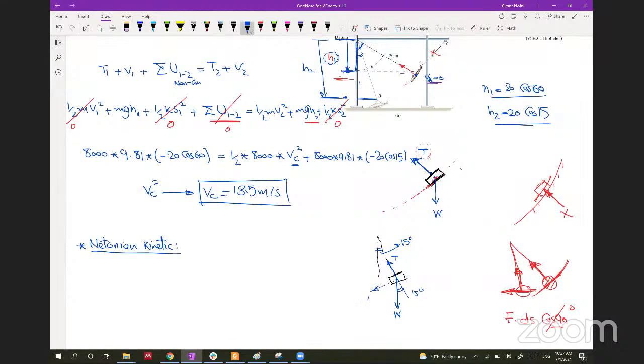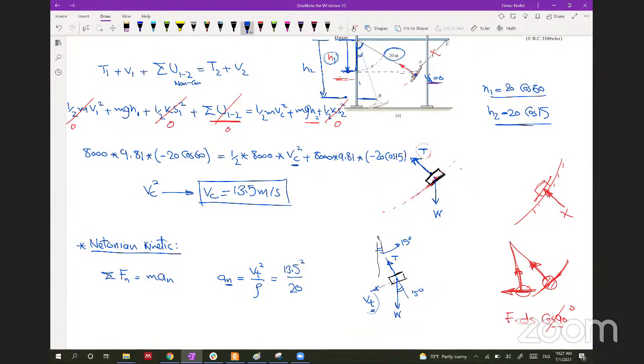So we have V tangent of this body, and you know that the sum of forces in the tangent direction is equal to MAN, and we know that the AN is equal to the V tangent square over rho. Right now we have the V tangent, which is equal to 13.5 square, and we have the rho, which is 20 meter. So you can get the acceleration in the normal direction.